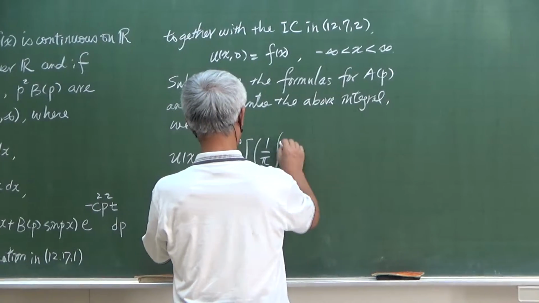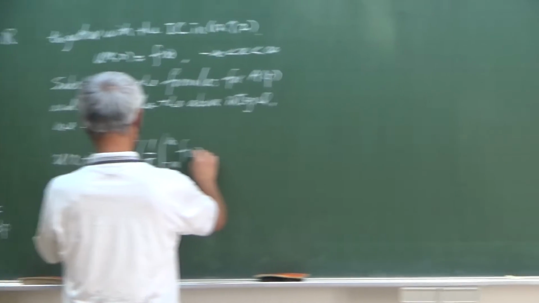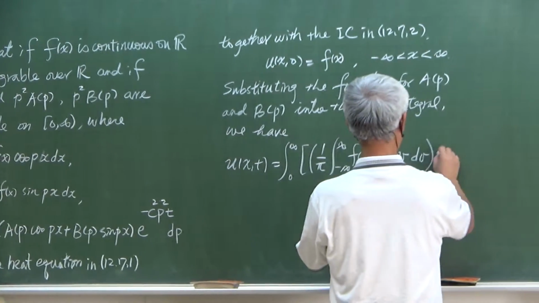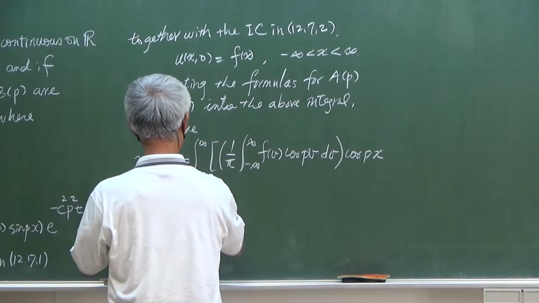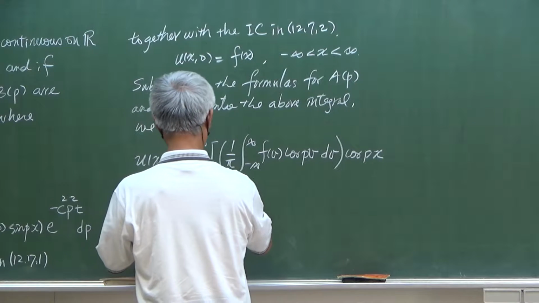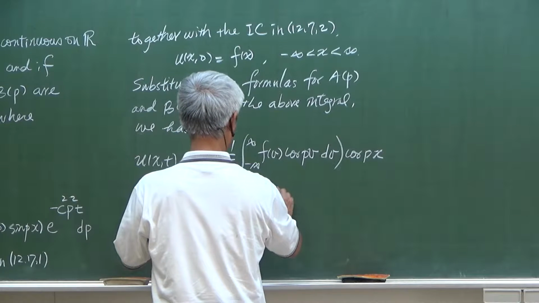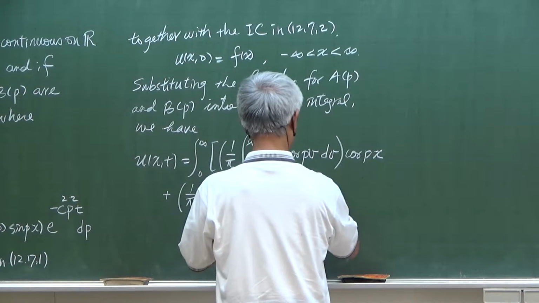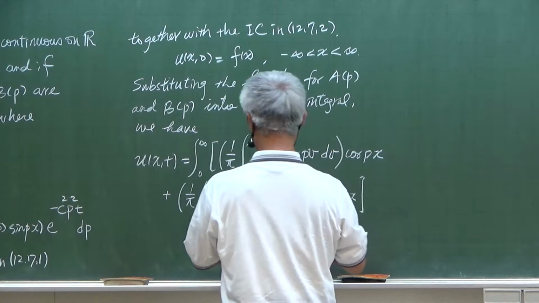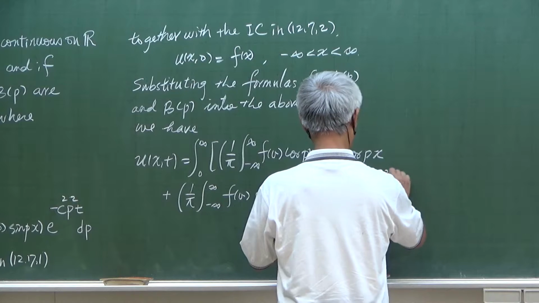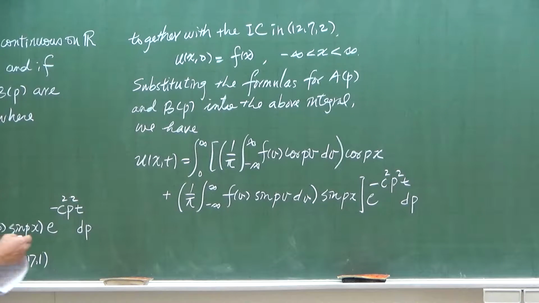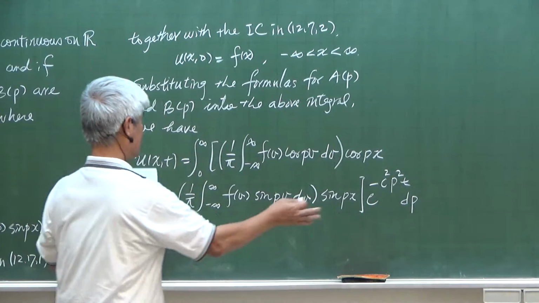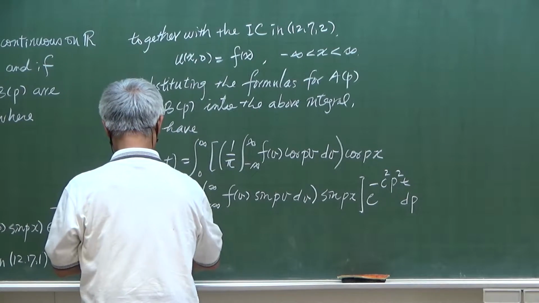So we have, plus, e to the minus c²p²t dp. Just a direct substitution.